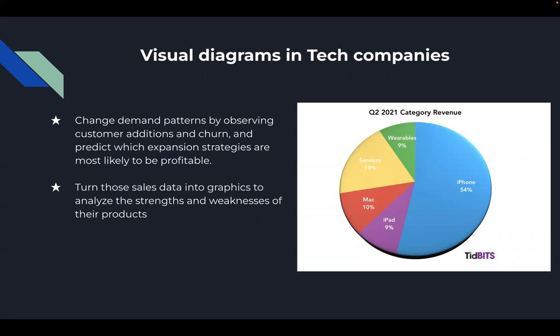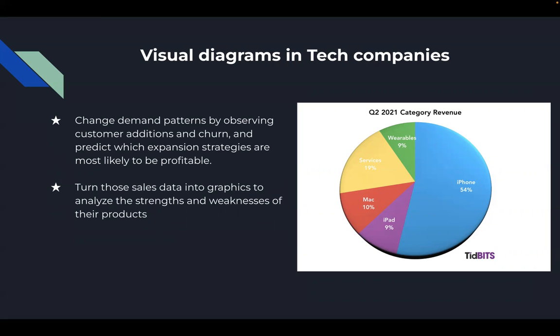So visualization diagrams help tech companies identify their weaknesses, respond to changing demand patterns by observing customer additions and churn, and predict which expansion strategies are most likely to be profitable. For example, Apple launches many products every year, such as Mac Pro, iPhone, Apple Watch, and so on.